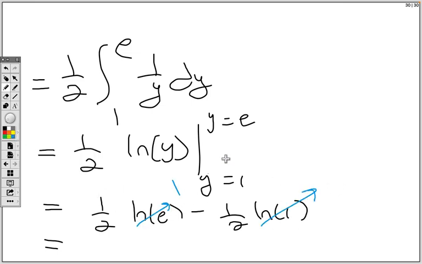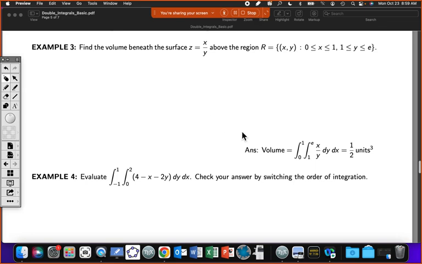Natural log of 1 is what? 0. Yeah. So there's your 1/2. And it was interpreted as a volume, so that would be cubic units. I'll leave it to you to do it the other way and show that you also get 1/2.